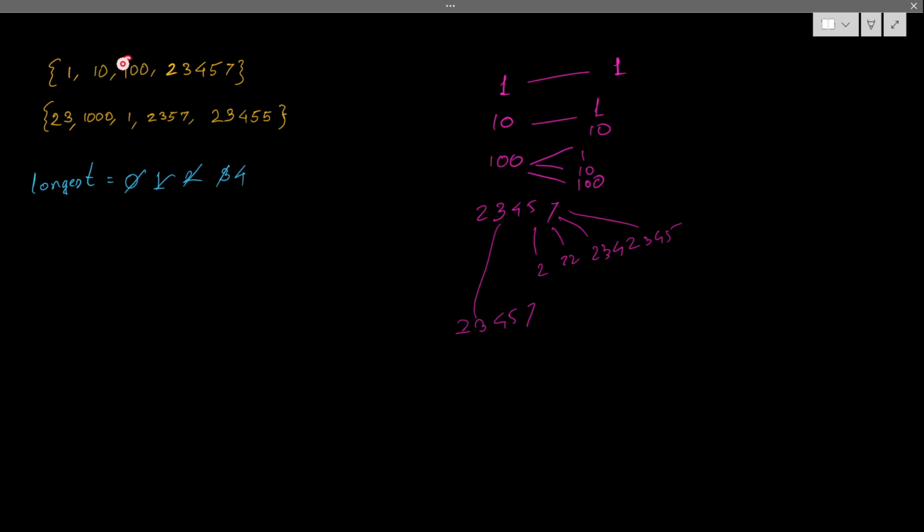From this 100 also I can get 10, right? So it doesn't matter from where, I don't know which place this common prefix is matching. Correct. So that's the reason I'm saying let's find out the common prefixes from any one of the arrays.